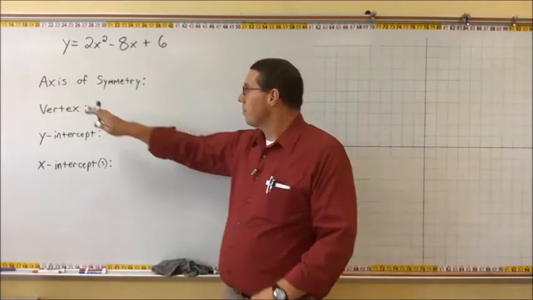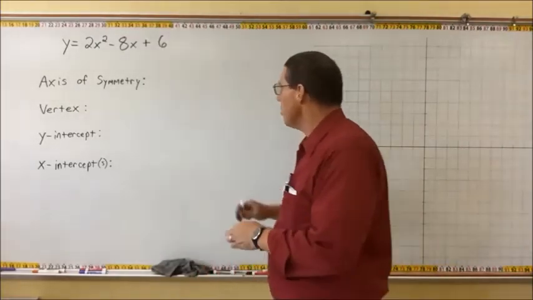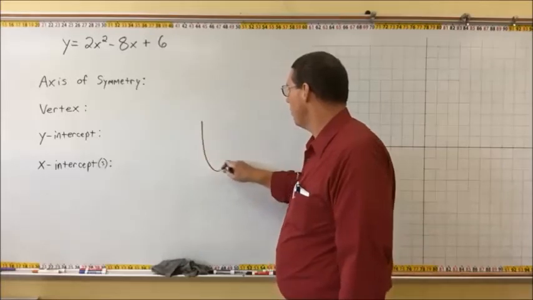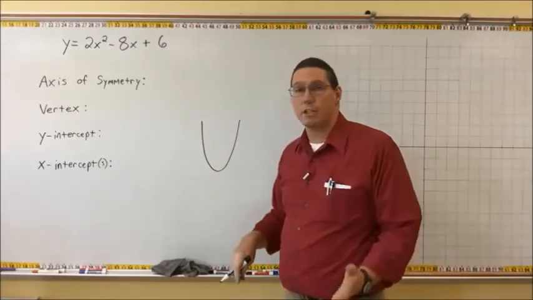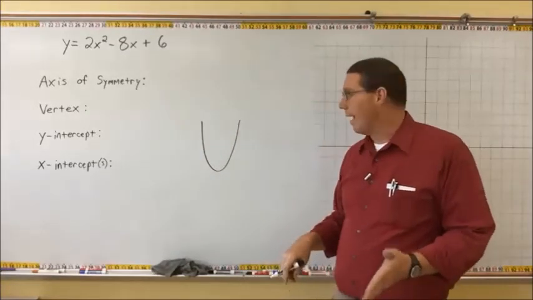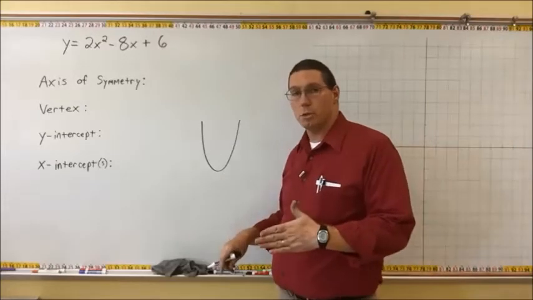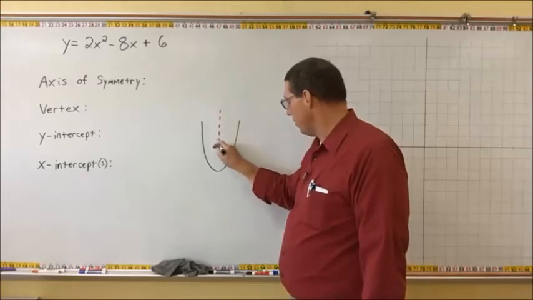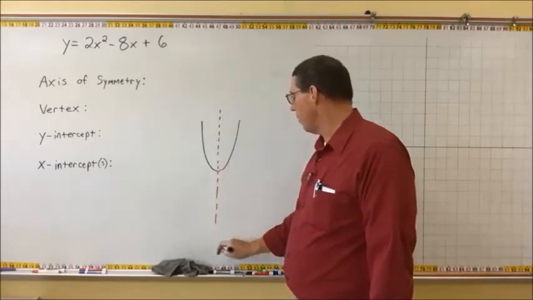Now the axis of symmetry: because the parabola of a quadratic is a U, it's actually a perfectly shaped, mirror image U, meaning that there is basically a mirror that runs right down the middle of the graph.